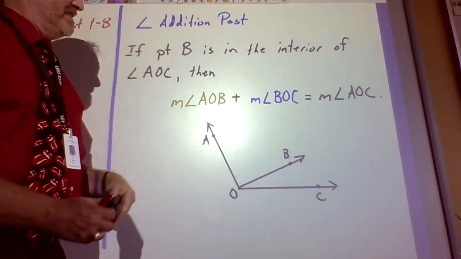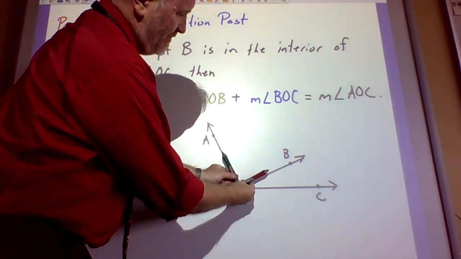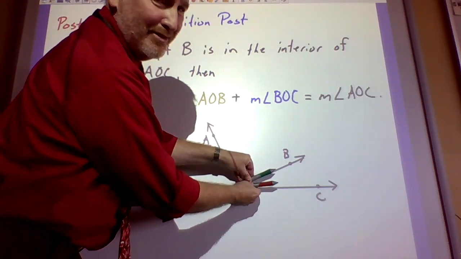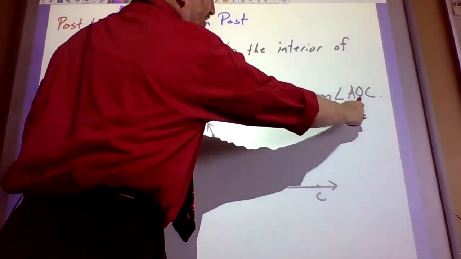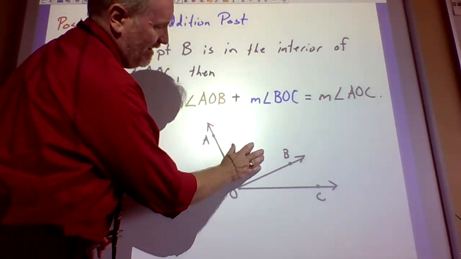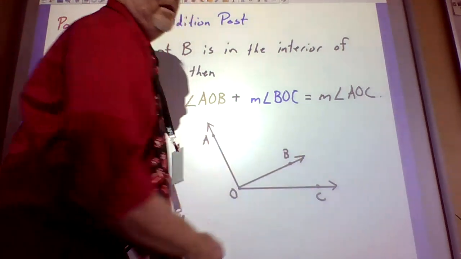What this postulate is saying is the two smaller angles, AOB plus the other small angle BOC, equals the original angle AOC. So this piece of an angle plus this piece of an angle added together equals the whole angle.